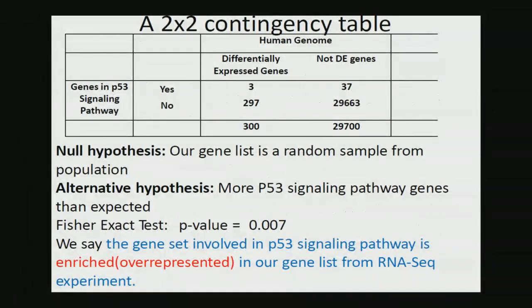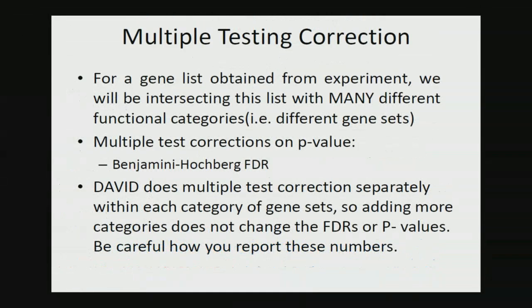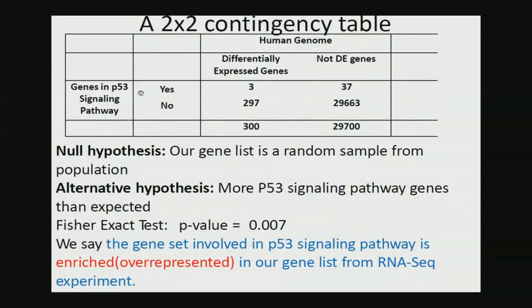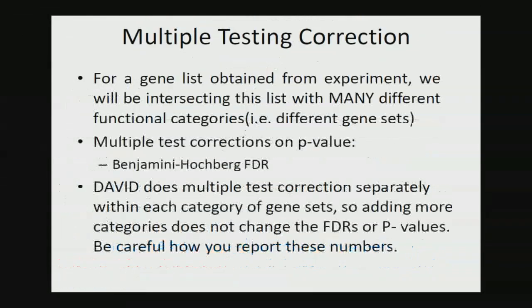There are so many other signaling pathways and biological processes. So that would involve performing multiple Fisher tests, many of them. So we also need to correct the p-values. Again, we can use the Benjamini-Hochberg false discovery rate method.